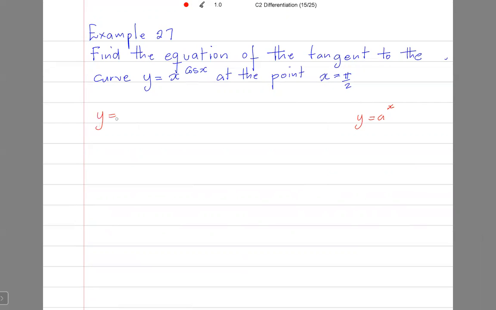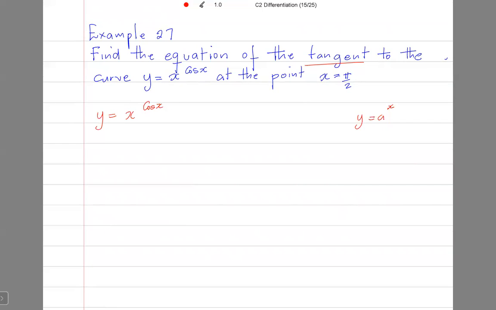So we have y is equal to x to the cos x power. All right, and I'm being asked to find the equation of the tangent. So the first thing I'm going to do is find dy by dx, which gives me the gradient of the curve. But the gradient of the curve is equal to the gradient of the tangent.